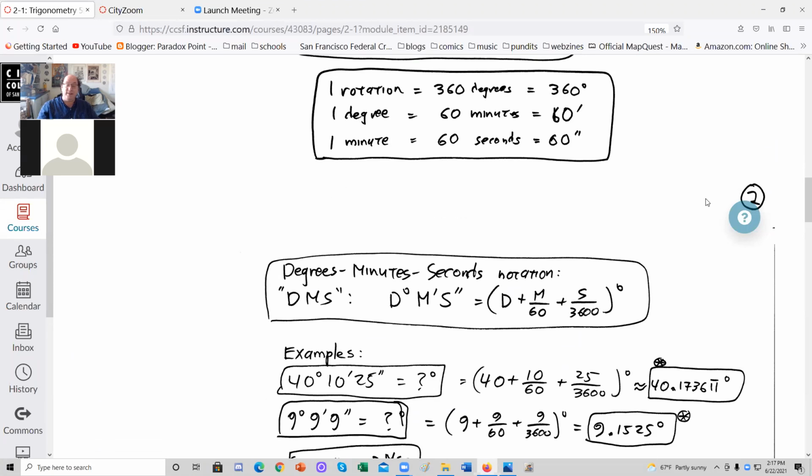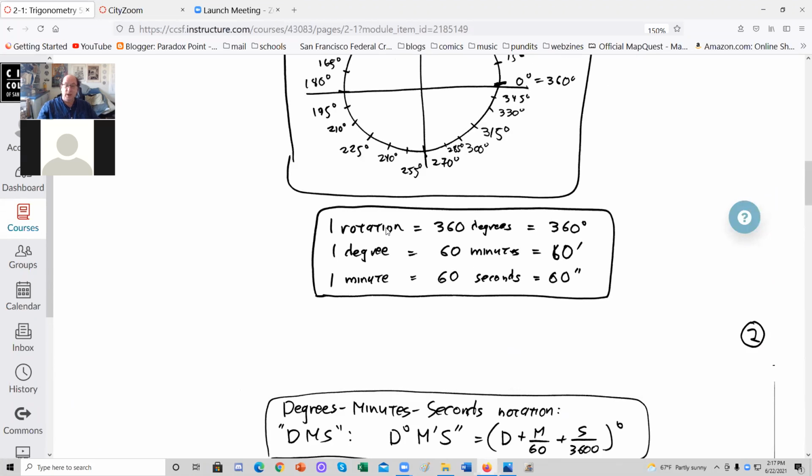Very ancient notation. By the way, the reason why it's 360 degrees in a circle is sort of arbitrary actually. There's something called an engineer's notation where it's 400 gradians, I think they call it, in a circle. 360 goes all the way back to the Babylonians, and they did it because they wanted to do astronomy, astrology really.